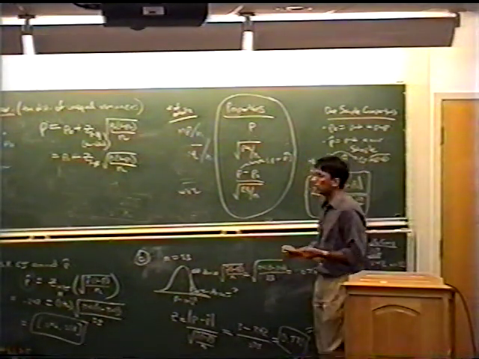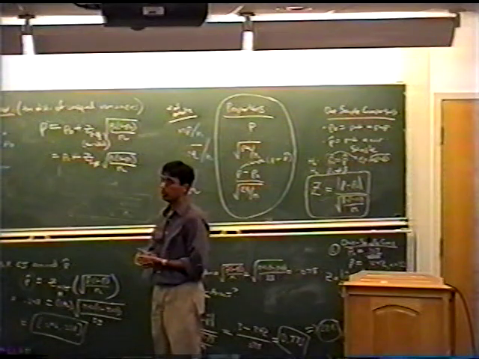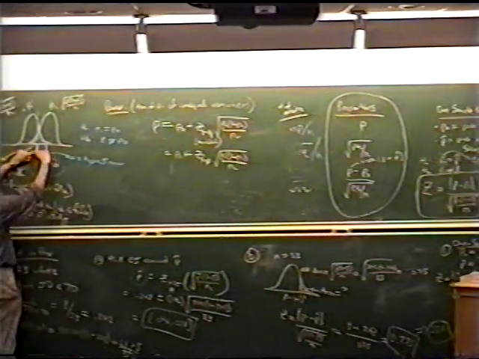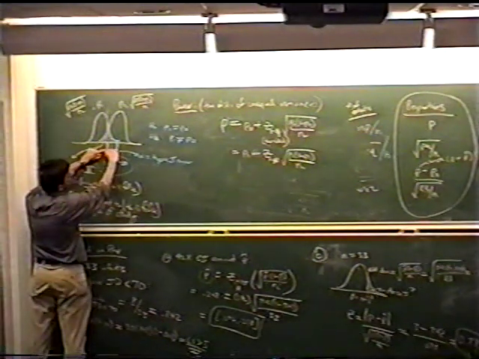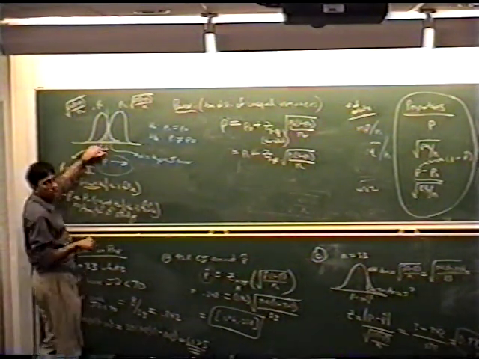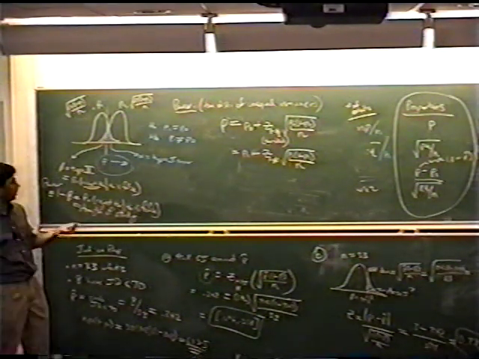Can you quickly explain again why P naught plus Z is 1 minus alpha over 2? It's just notation. Essentially you're just looking for the Z value for alpha. Again, alpha is based on your null hypothesis.